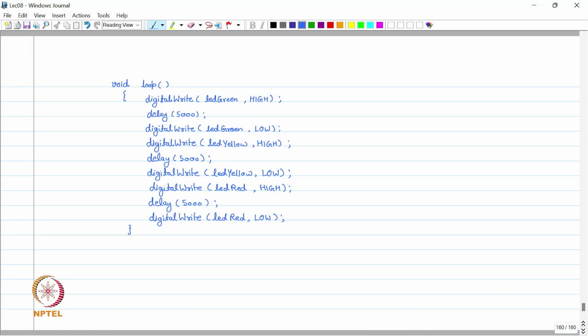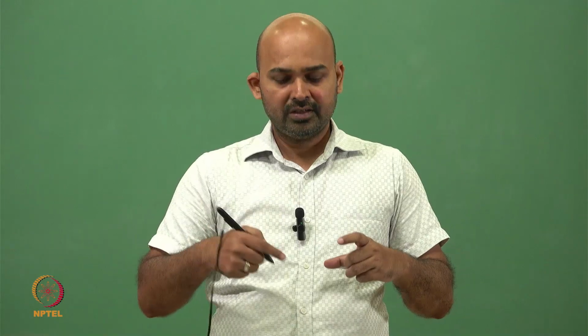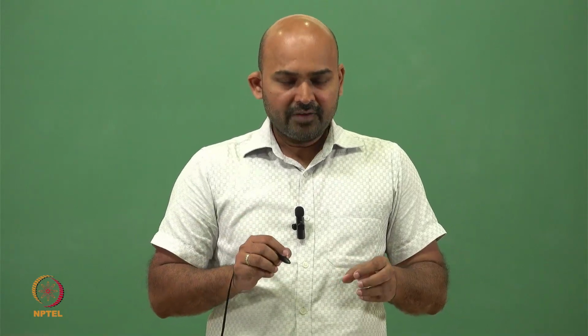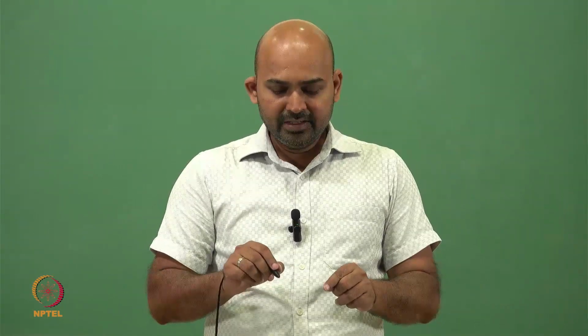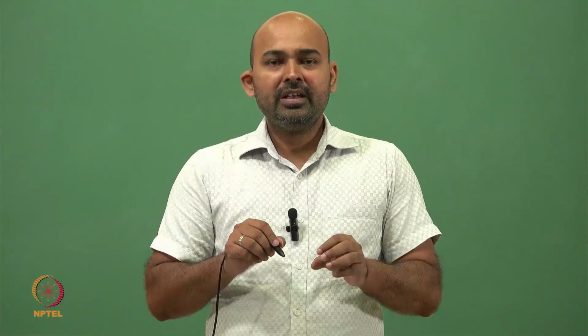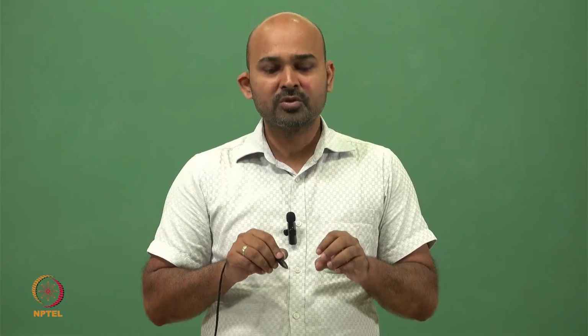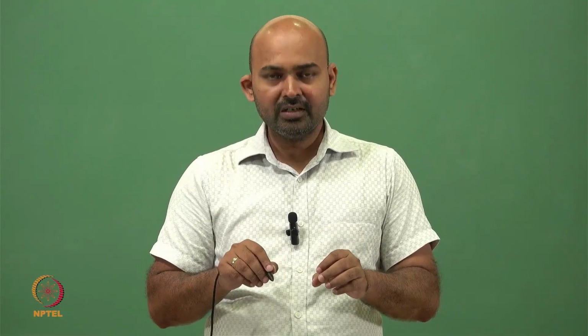So this is the void loop which will be executed repeatedly, and what we are doing here, the first statement is digital write LED green high. So the pin which is associated with this green light will be turned high.